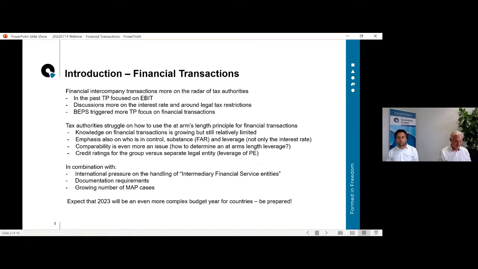Okay, if you then see that in combination with documentation requirements and also the growing MAP cases, as mutual agreement procedures around the globe, I think this is really an area where you have to be prepared and look into your strategy on risk management sustainability, because this is something that will not get out of the radar of the tax authorities.